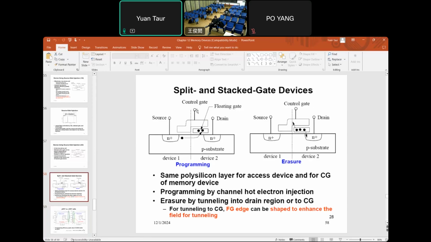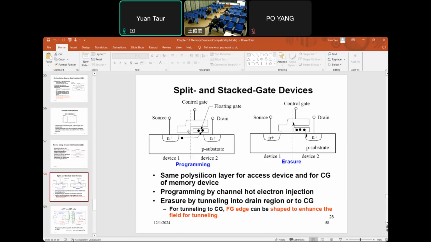There's also the split and stacked gate shown here. And so for the control gate, instead of being right on top of the floating gate, it has this split shape.